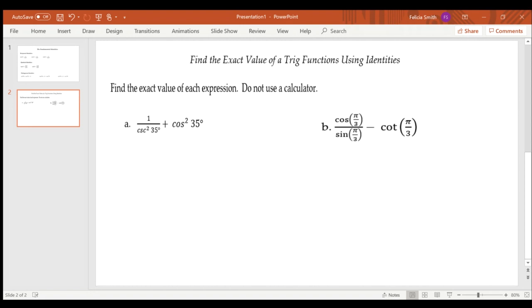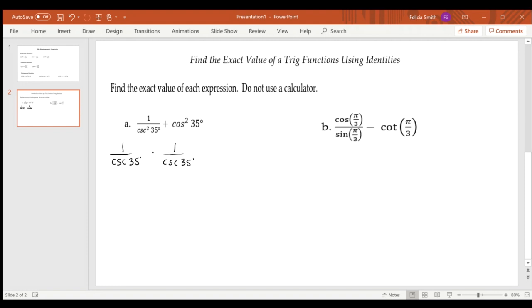So let's go ahead and take a look at this fraction, and let's go ahead and do some rewriting. I can break this into two fractions. This is the same thing as 1 over cosecant of 35 degrees times 1 over cosecant of 35 degrees.